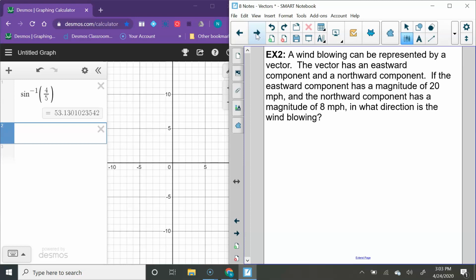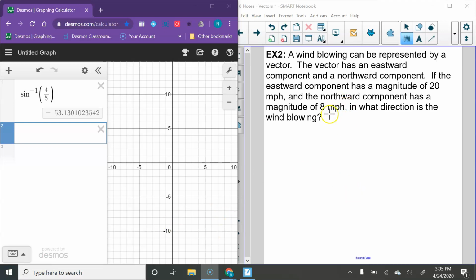So a wind blowing can be represented by a vector. The vector has an eastward component and a northward component. If the eastward component has a magnitude of 20 miles per hour and the northward component has a magnitude of 8 miles per hour, what direction is the wind blowing? Okay, so in this case, we know we have two vectors.